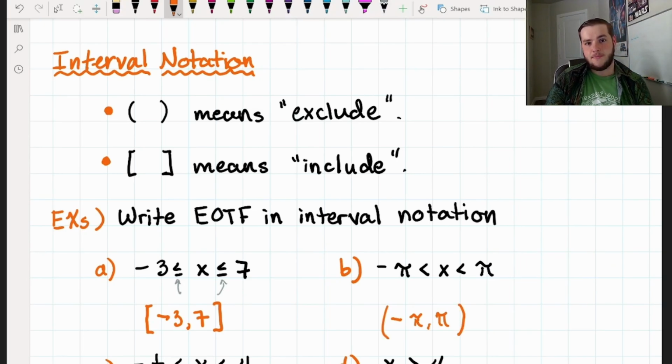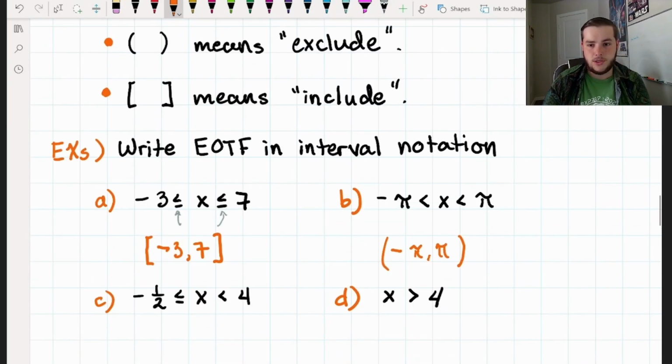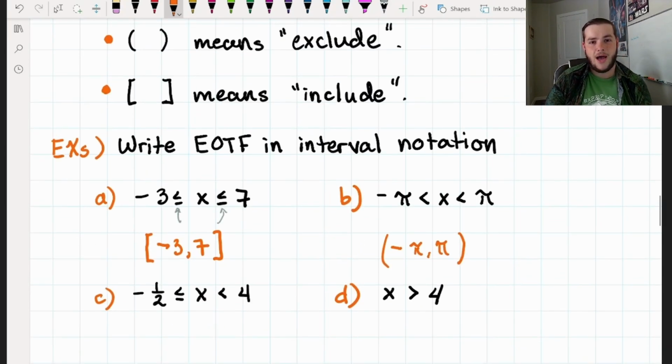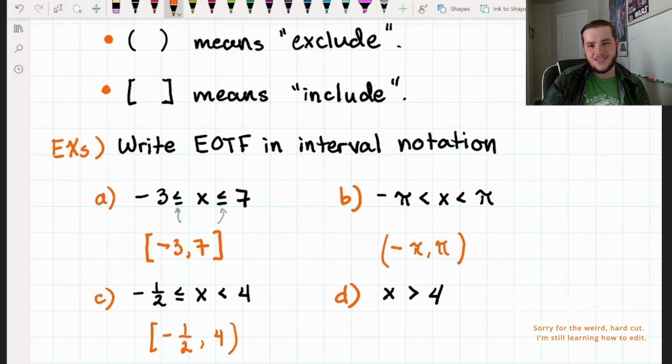This distinction is going to be incredibly important, so I would like you to get some practice doing some more. I'd encourage you to pause the video here, and then see if you can figure out how to write the next one on your own. See if you can write part C. Notice that this time I have an equal to on the left inequality, but not on the right inequality.